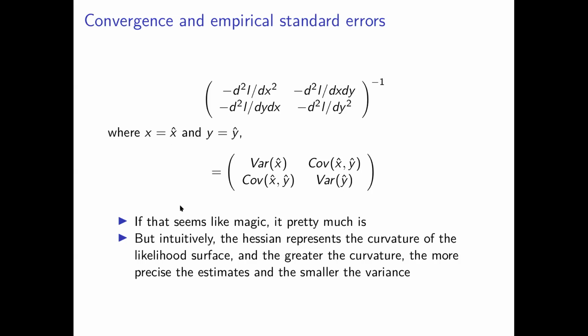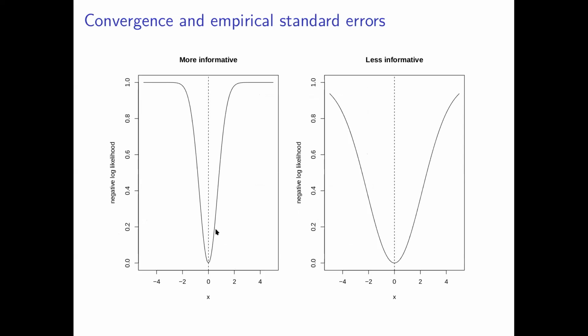But intuitively, the Hessian, as it's the second derivative matrix, represents the curvature of the likelihood surface. And the greater the curvature, the more precise the estimates and the smaller the variance. So I've tried to illustrate that here. These are plots of the negative log likelihood just over one parameter. And you can see the minimum in both cases is at 0, but this one has much greater curvature at 0.